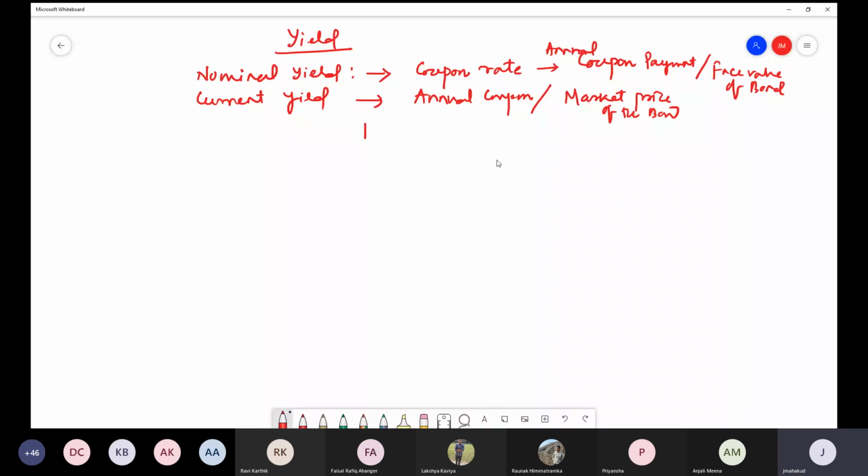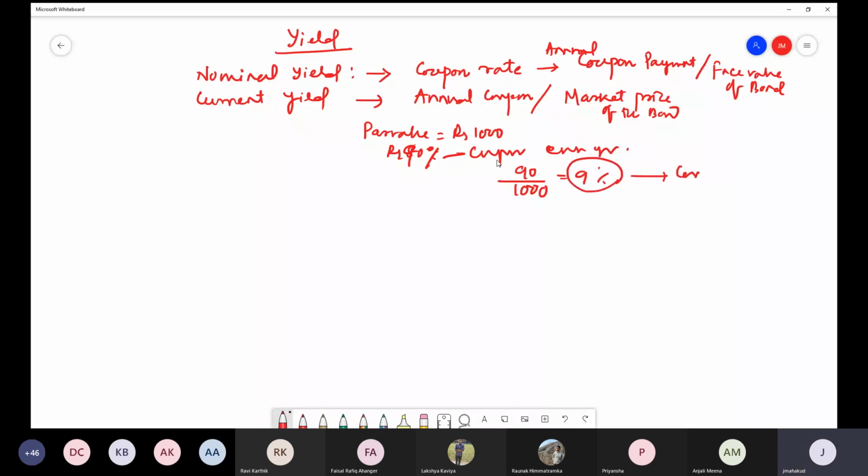Your par value or face value is 1000, and you are getting 80 rupees or 90 rupees coupon every year. Then 90 divided by 1000 is 9%. That is basically your coupon rate or the nominal yield.